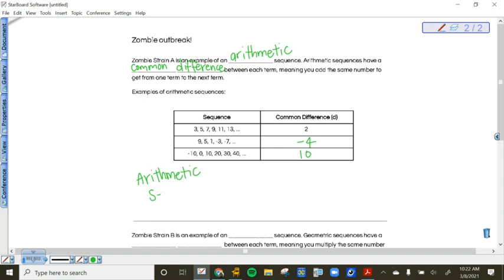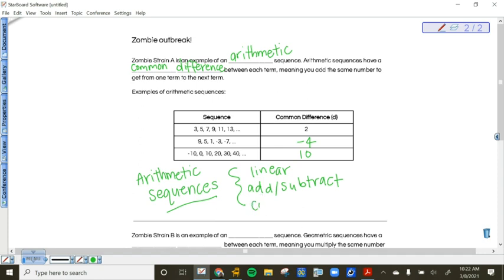Okay, so some key points of arithmetic sequences. They are linear relationships. We add or subtract to go from term to term.